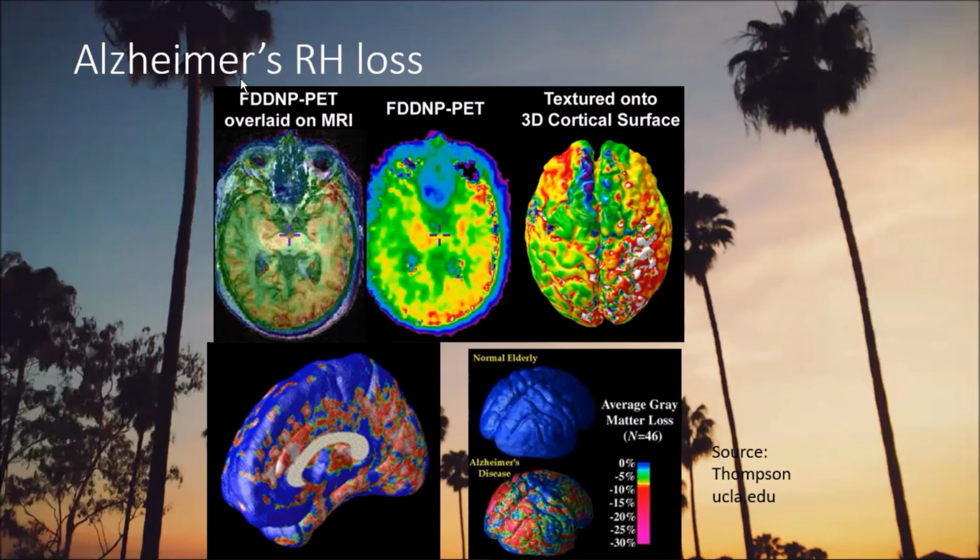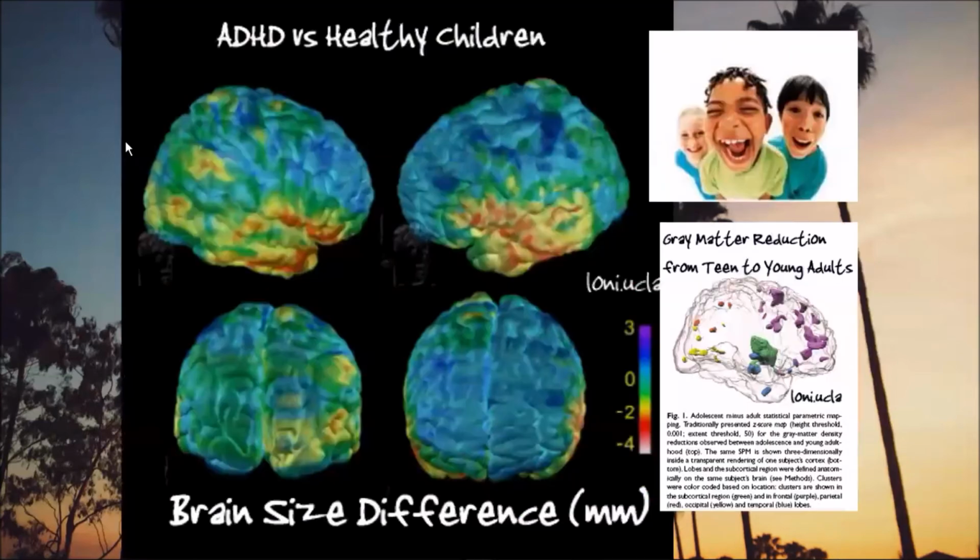Here's one talking about a lack of right hemisphere material in Alzheimer's, but I'm not sure how well that holds up. And here's another one on gray matter. Again, with generalized things, it means that these behavioral envelopes, these diagnoses, are sometimes useless. They don't help us solve the problem.